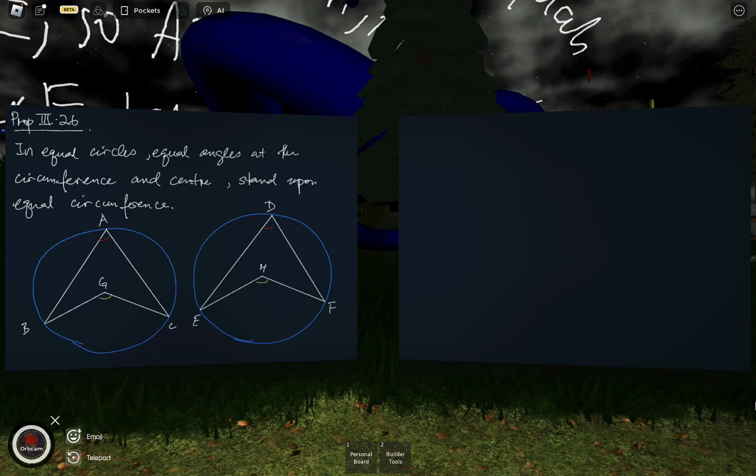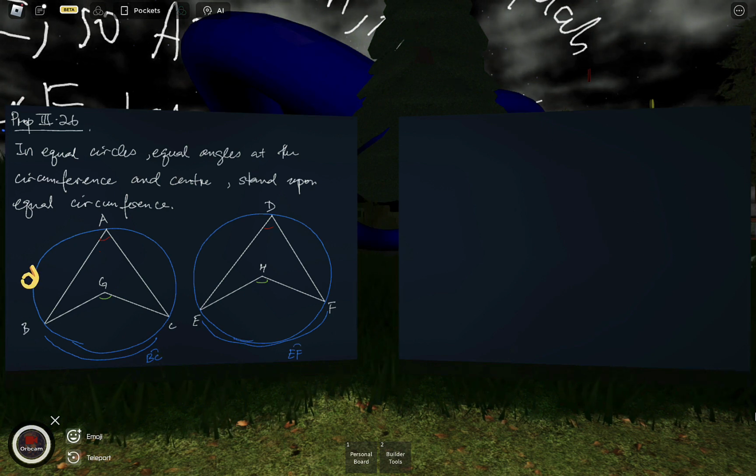And so the claim is that if the marked angles are equal, then this part here, which I'll call BC, and this part here, EF, are equal. And so one more construction: I'll join up these two as well.